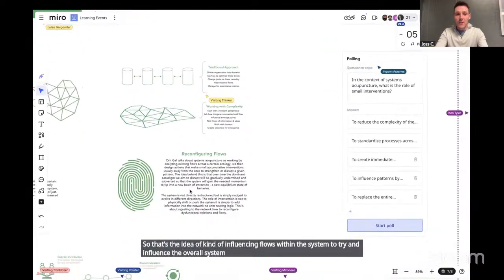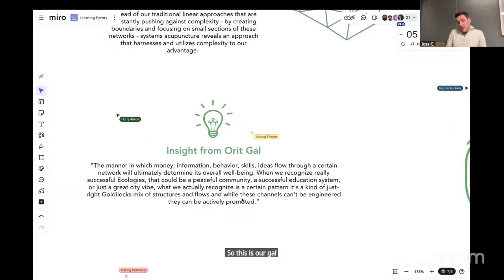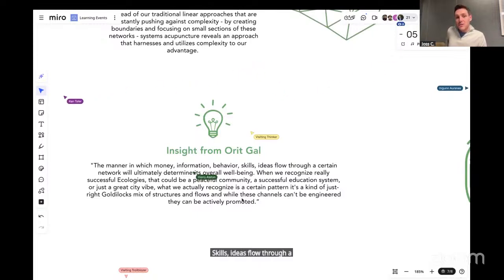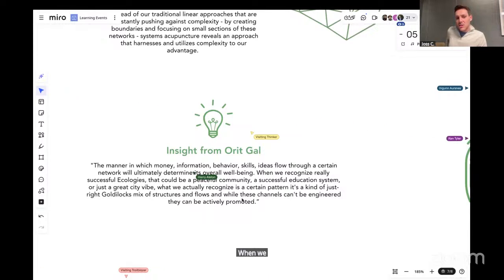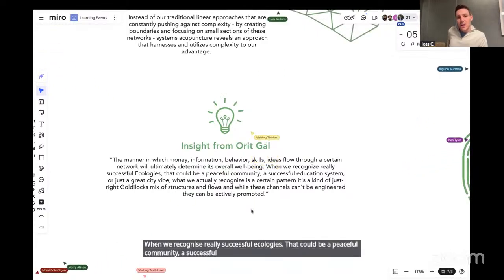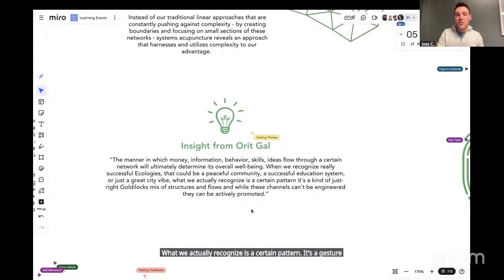It's down here, reconfiguring flows. So this is Ora Gal, who I know, she introduced the idea that the manner in which money, information, behavior, skills, ideas flow through a certain network will ultimately determine overall well-being. When we recognize really successful ecologies, that could be a peaceful community, a successful education system, or just a great city vibe, what we actually recognize is a certain pattern. It's a just right Goldilocks mix of structures and flows.